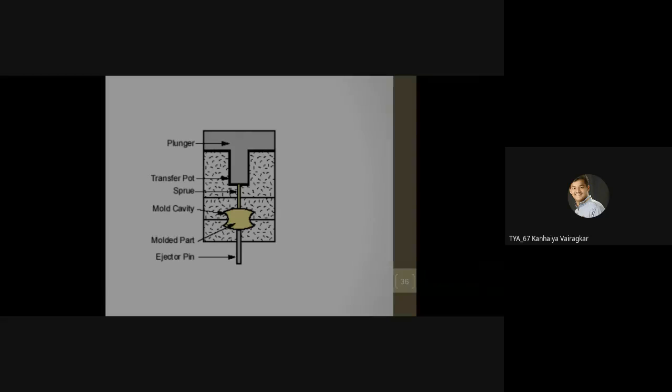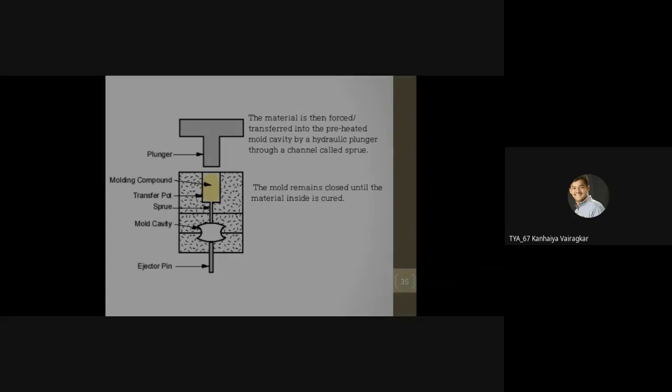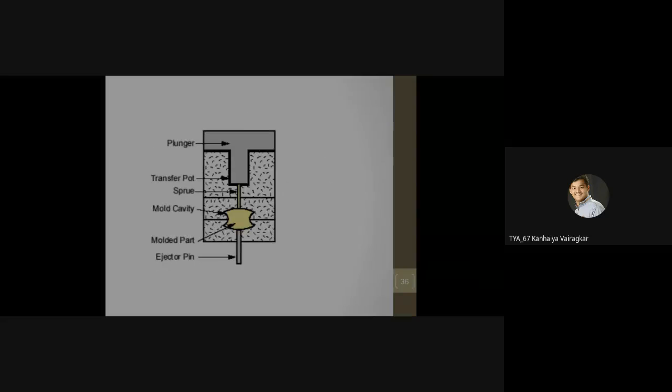Now what is happening here? Just check the two figures carefully. The plunger is outside this transfer molding setup. In the second figure you can check it now. This yellow colored compound, previously it was in the transfer pot.